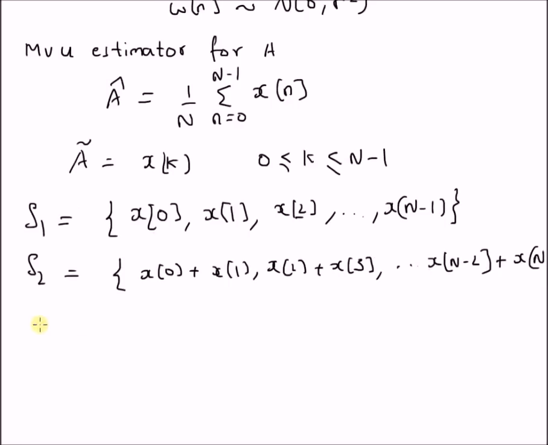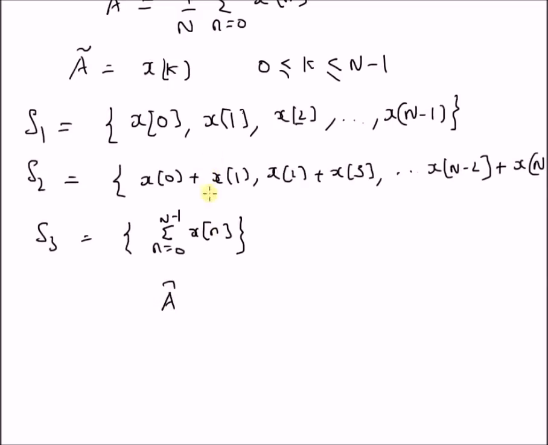And we can also have another set S3 which basically has only one element, which is the sum of all the elements in the set 1. We can clearly see that we can easily use each one of the sets S1 or S2 or S3 to actually construct the value a hat, since it is dependent on the sum n equal to 0 to n minus 1 x of n.